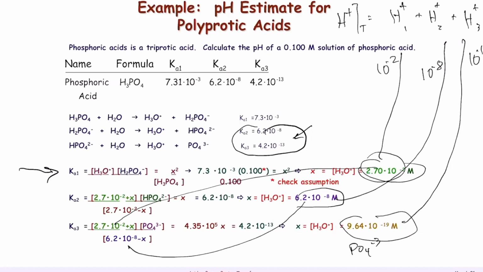Now, if these numbers, the second and third equilibrium constants, were somewhat close to the first equilibrium constant, then you would have to work it out. But more times than not, your hydrogen ion concentration from a polyprotic acid comes from the first equilibrium.